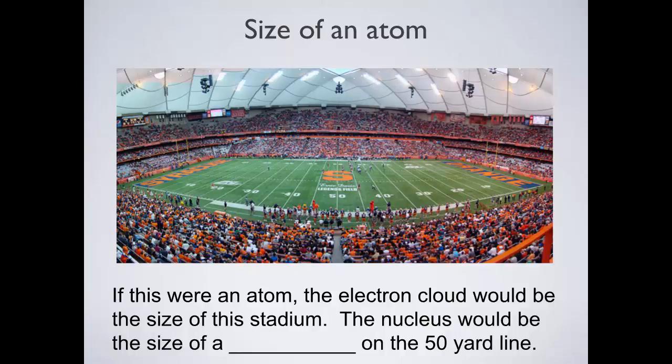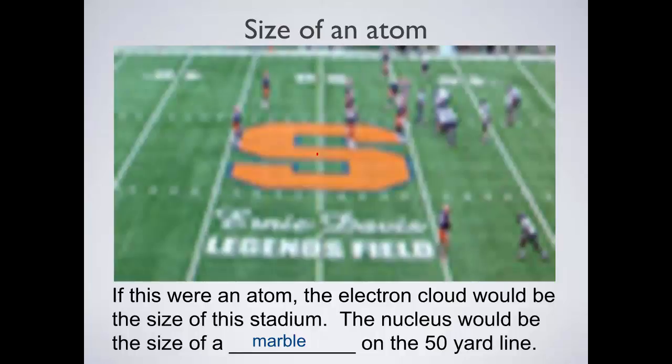And the nucleus would be a marble at the 50-yard line. So think about it. If you had a marble on the 50-yard line at the dome, electrons would be all the way at the outer edges of that dome. So huge amounts of empty space exist within an atom. Even though we see this desk as solid, the vast majority of its volume is taken up by empty space. Okay.